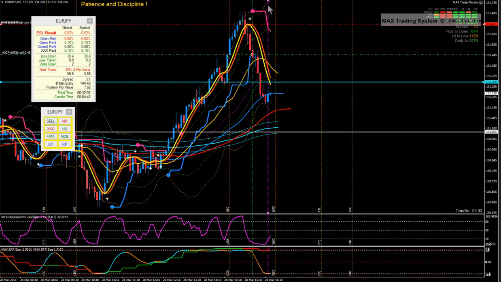But I can tighten my stop loss a little bit, and you will see how this will reduce the risk. So here, that way. At minus 0.56, I have almost reduced the risk by half. And then we wait for the next candle until we get an exit setup bar.